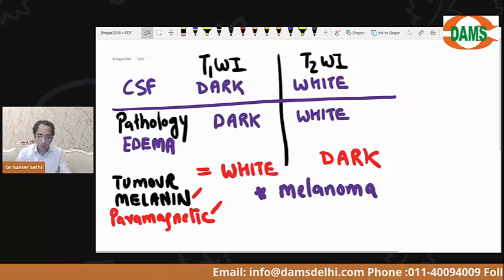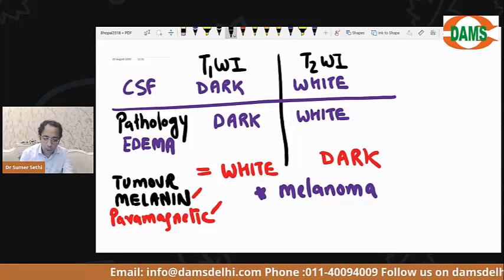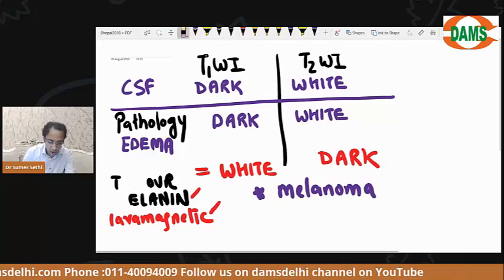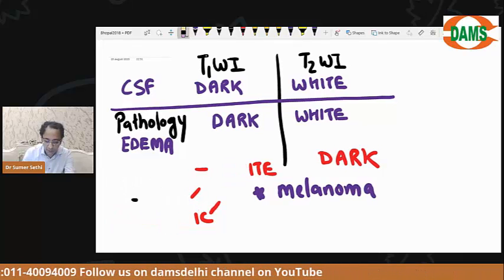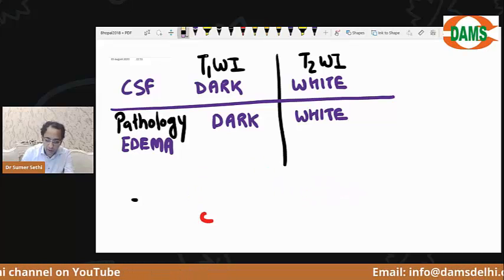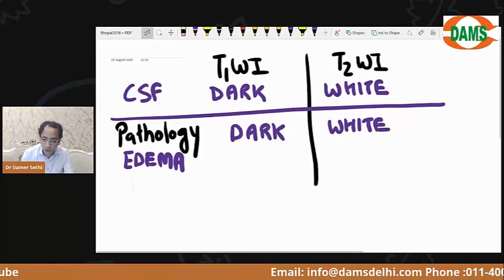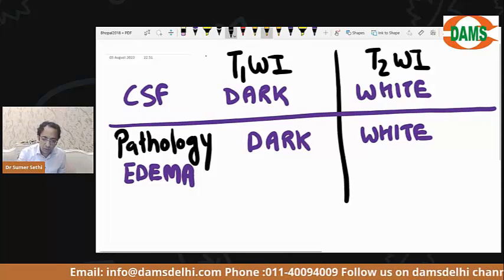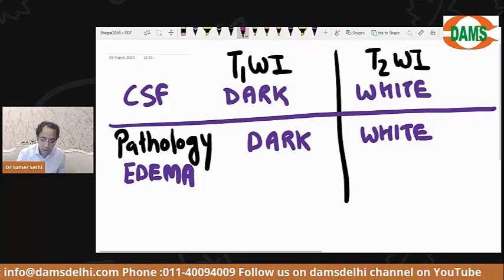One more thing we need to understand: look at the table that I have drawn for you and tell me whether a disease or pathology will be easier seen on T1 weighted image or T2 weighted image.